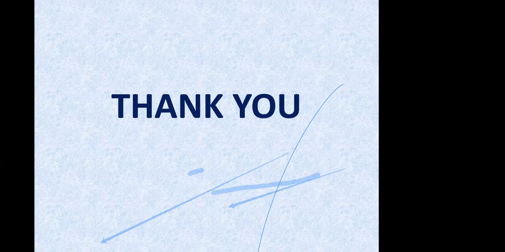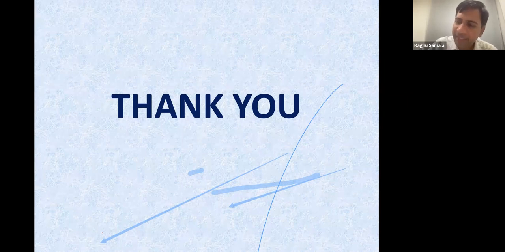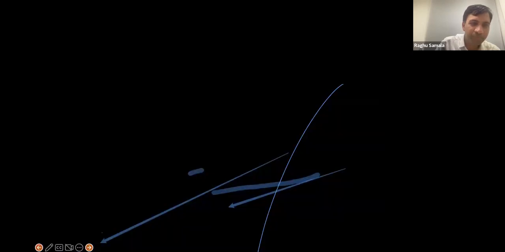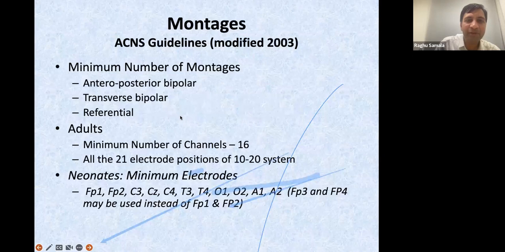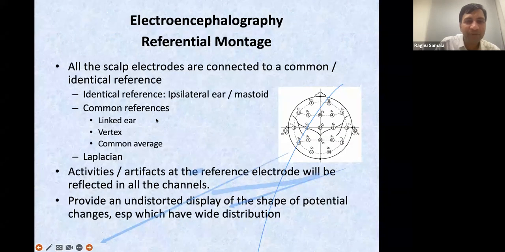Sir, what is electric field? Can you explain in detail? Electrical field means, for example, you have a spike coming from the F3. I shared on the screen, what are the adjacent electrodes?